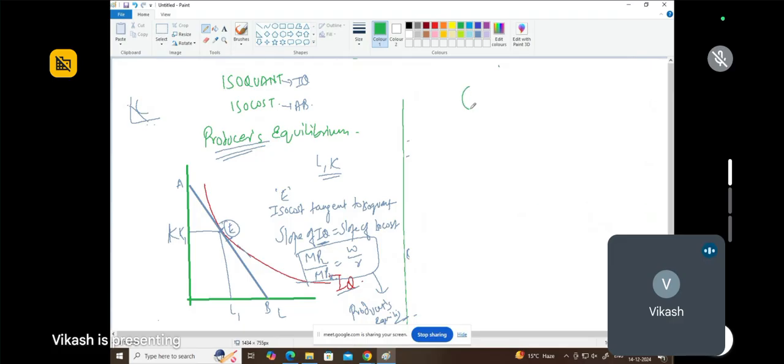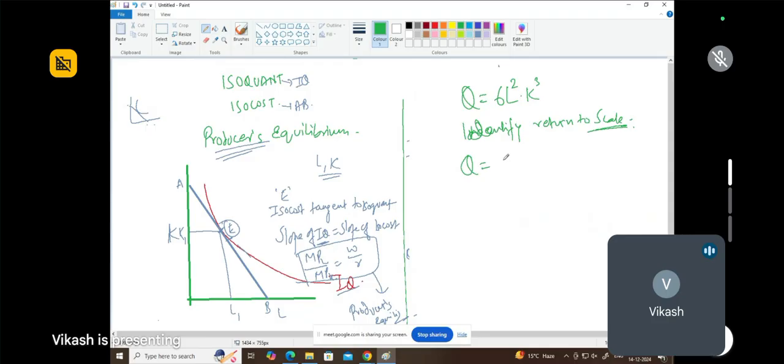Say Q is equal to 6L squared K cubed. Let's identify the returns to scale. The identification process is very simple.